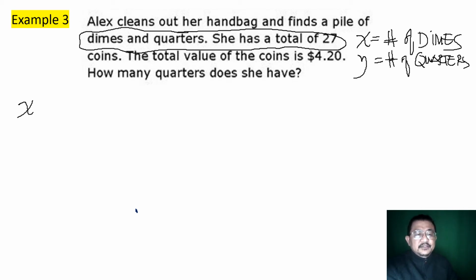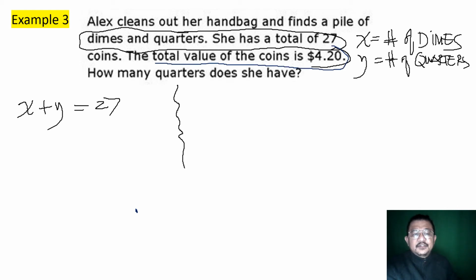Simple. X plus Y is equal to 27. All right, second equation. In the second equation, we're now talking about the value. If you add them together, in terms of the value, it should be $4.20. So a dime is 0.10 or 10 cents, plus the number of coins times 25 cents.